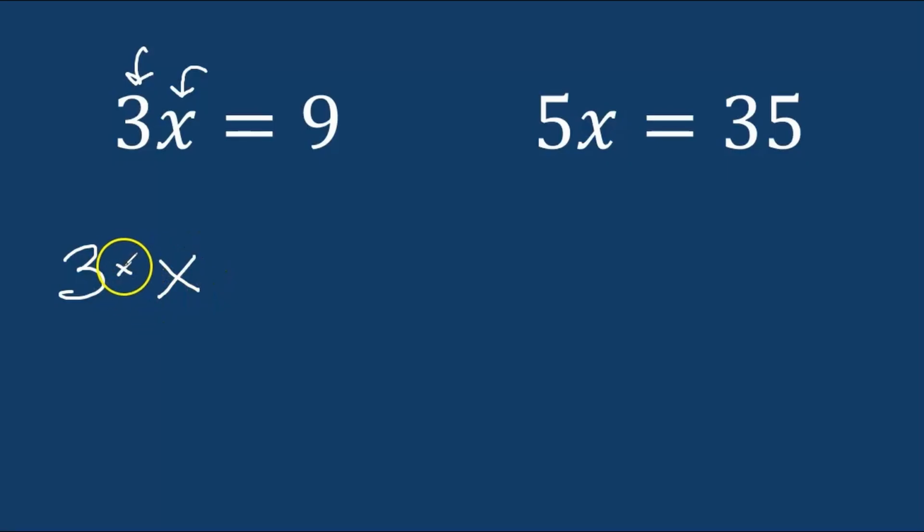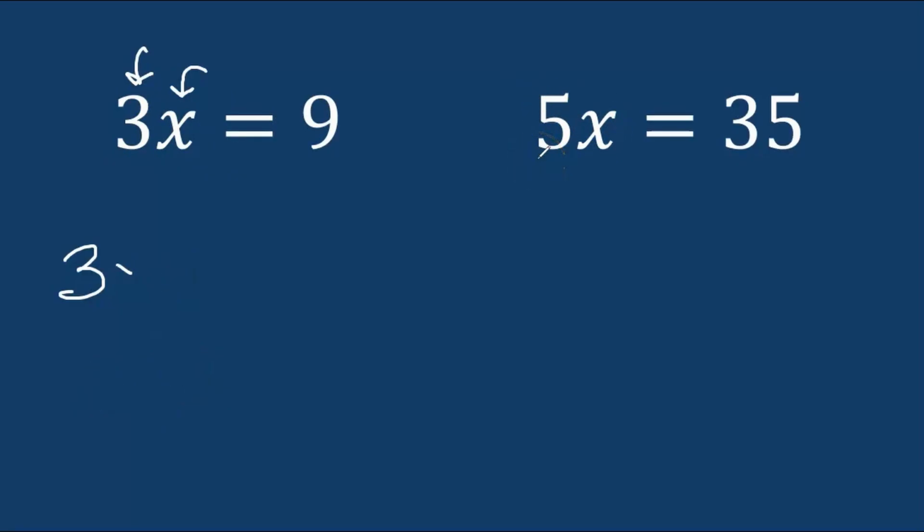And we don't really use the x anymore to mean multiplication, which is why I drew it as a dot, because that's a little bit confusing. We also could use parentheses. But when we are just looking at coefficients and variables, this is what it means. It means 3 times x. This one means 5 times x.